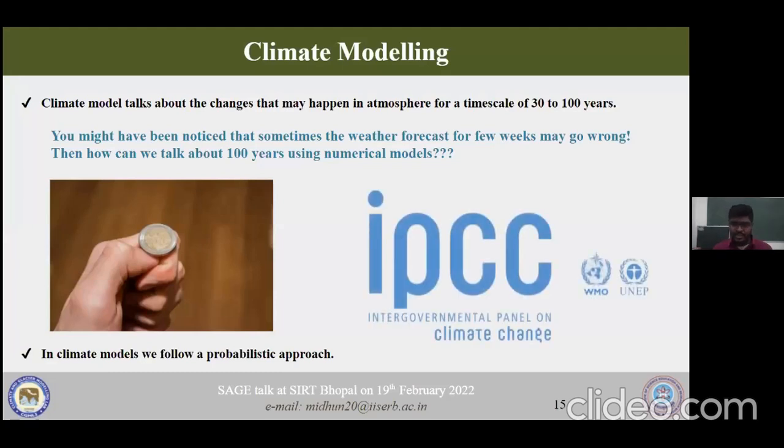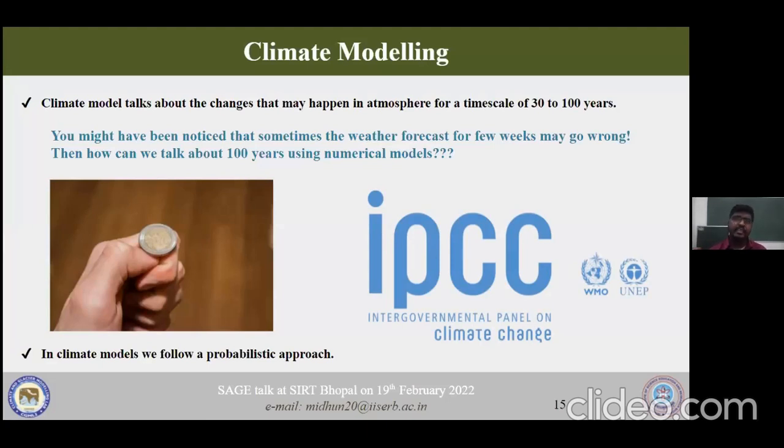I want to introduce the Intergovernmental Panel on Climate Change, which is a United Nations organization. They publish an assessment report every 7-8 years. Right now, the AR6 assessment report is in production.